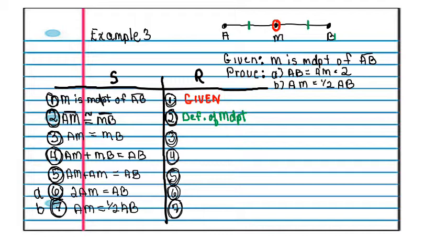Next thing is that we have AM equals MB, and you'll notice here what we did is we went from a shape, that's why it has the line up above it, to a measure. So the measure of AM equals the measure of MB, and that's just going to be the congruency theorem.